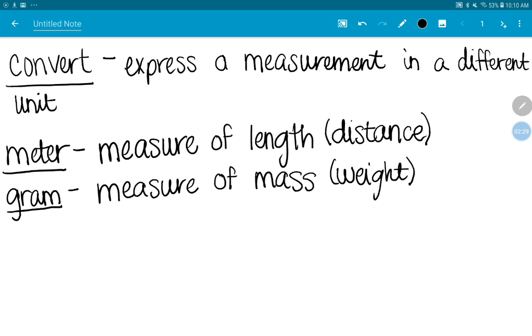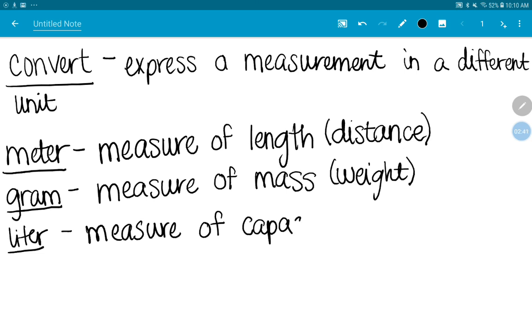Liters. Liters are the base unit. All right, so these are the base units: meters, grams, and liters.